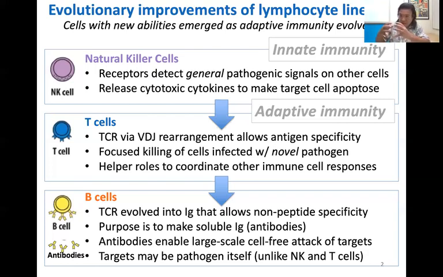Because now the cell that makes this detecting molecule doesn't have to be near the actual target, whether that target's a bacteria or an infected cell or whatever, because the immunoglobulins, the antibodies, can just flow through your body and do their job, right? Independent of being attached to a cell.